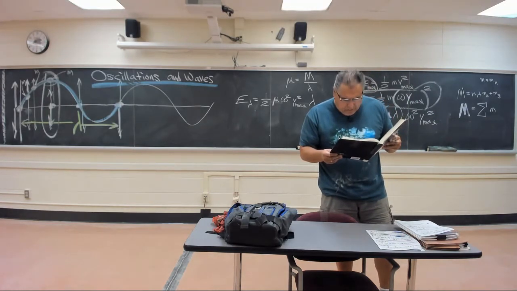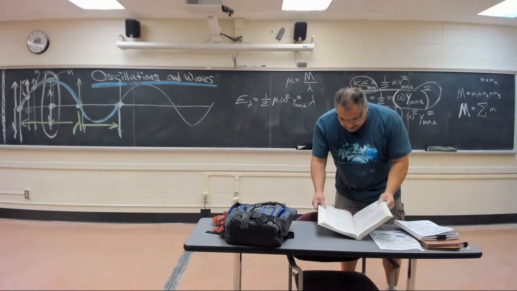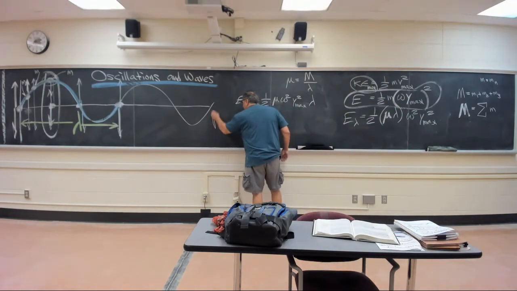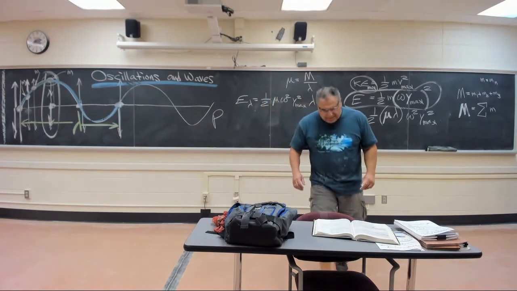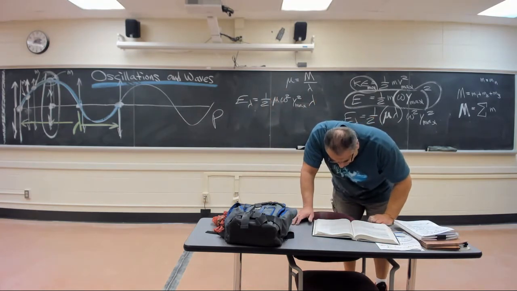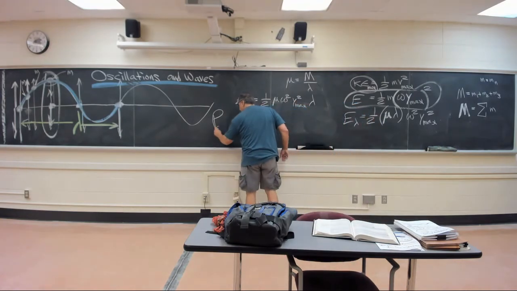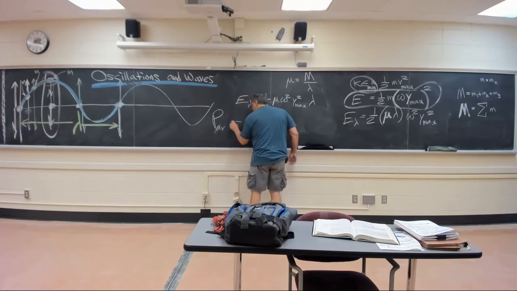Having done so, they say, okay, I'd like to find out what the average power is. And I'm just trying to follow relatively closely how they're doing it. Average power is going to be equal to what?